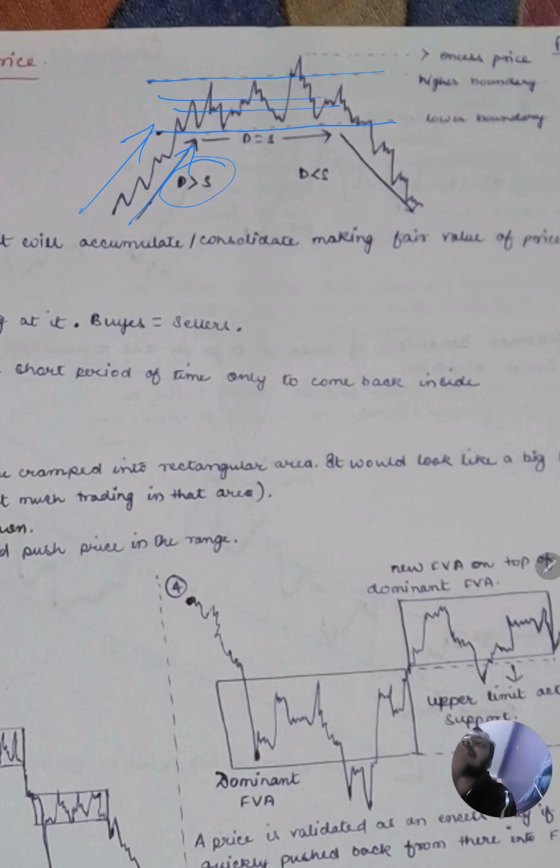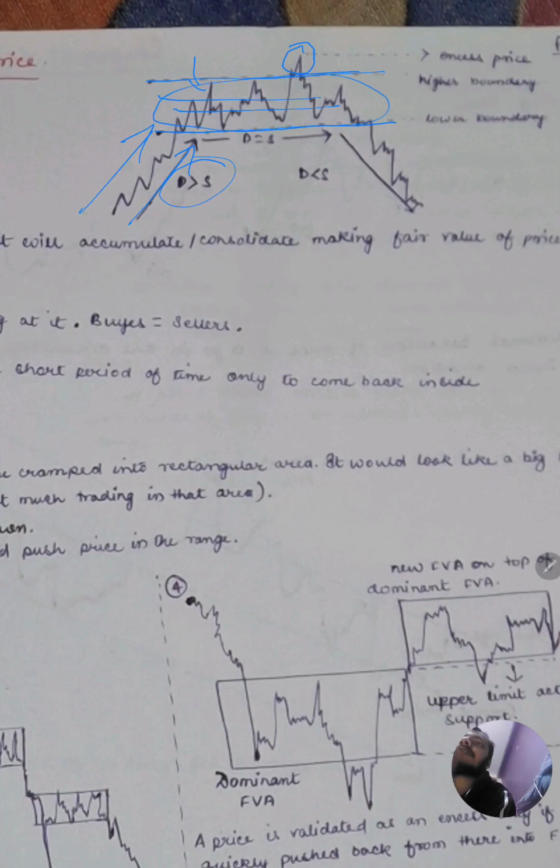Price stays in that region. Within that boundary, it just rotates up and down. It's not going high. At some time it went higher, but quickly it has come down. So for most of the time it traded in this rectangular area.